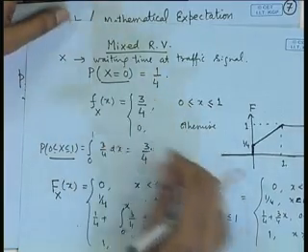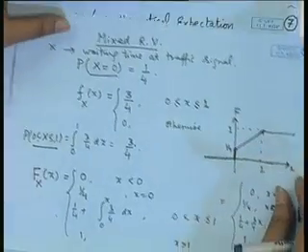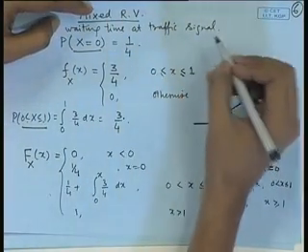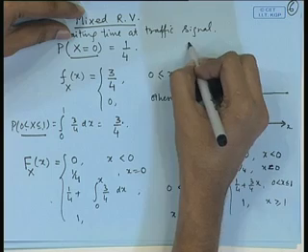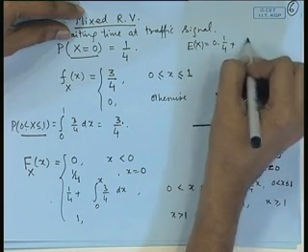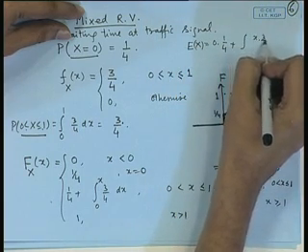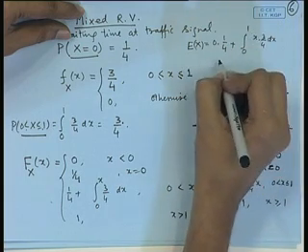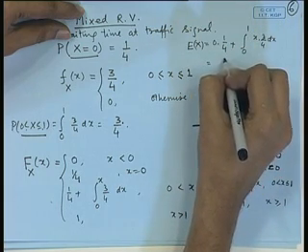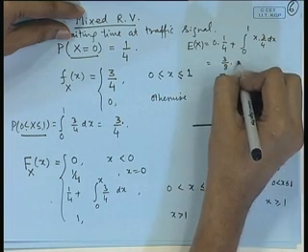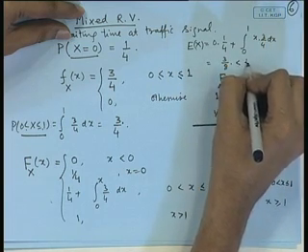So, in the discrete and the continuous case, we separately evaluate it. Let us look at an example of this mixed random variable. Here the expectation of X will become equal to 0 into 1 by 4 plus the integral from 0 to 1 of x into 3 by 4 dx. So, this is equal to 3 by 8, which is actually less than half.